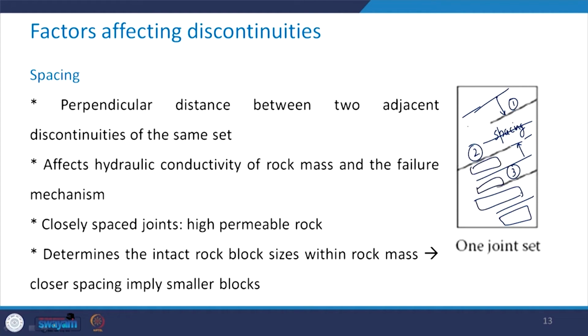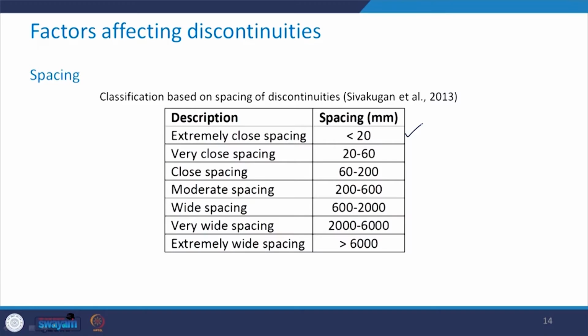So what I mean to say is, when you have closer spacing of the discontinuities, it results in smaller blocks. Based upon the spacing, the classification of the discontinuities has been given. That is, extremely close spacing means the spacing is less than 20 millimeter.